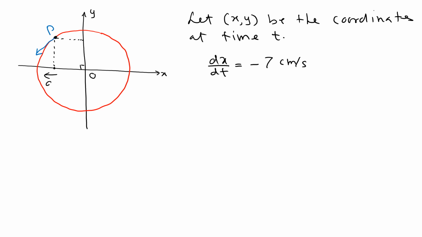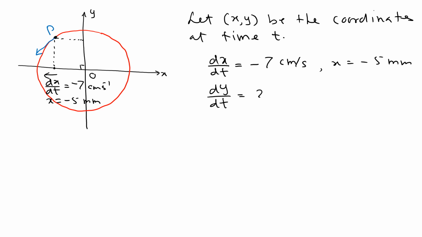So dx over dt is negative 7 centimeters per second, and x equals negative 5 millimeters. These are in two different units, so be careful when you plug in. Also x is negative 5 millimeters.